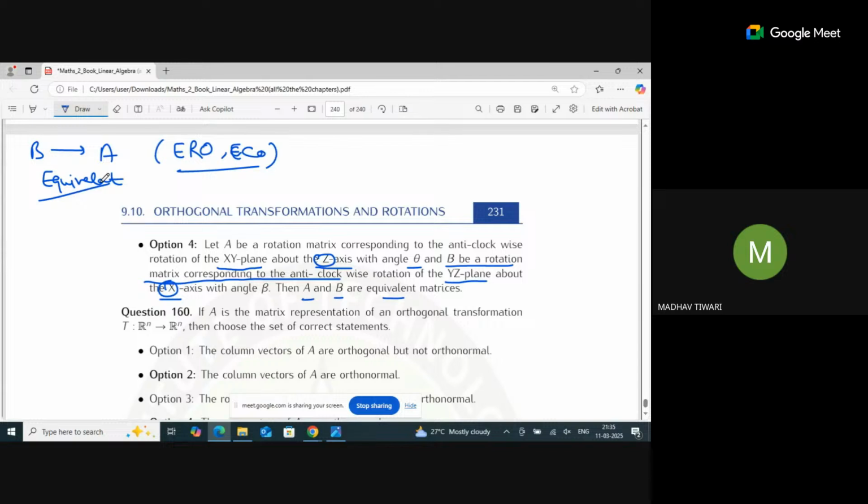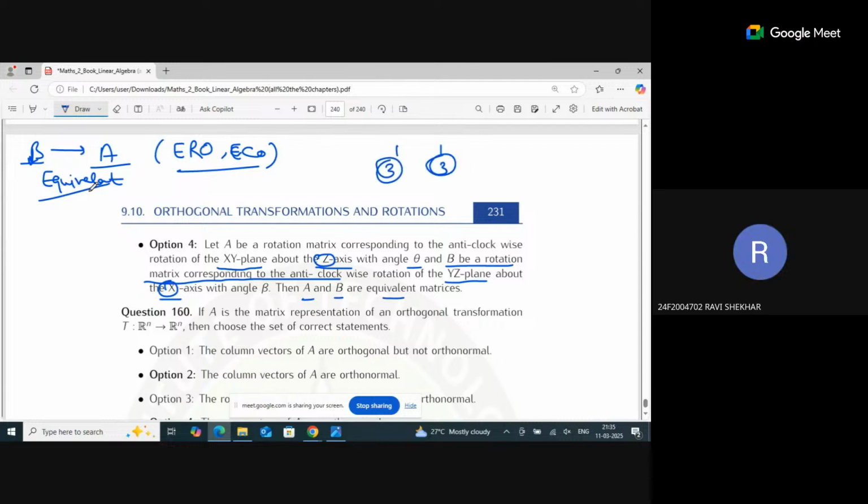Week 7 concept. Or we can say that if the ranks are matching, then they are equivalent. So rank of B is equal to rank of A, right? Because both have determinant 1, the rank is full, rank is 3, and rank is 3 in this case.